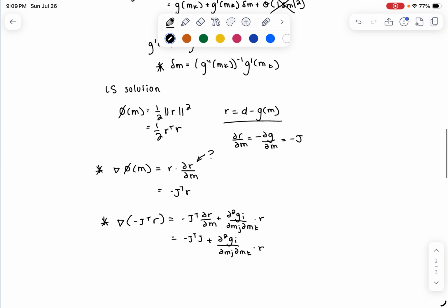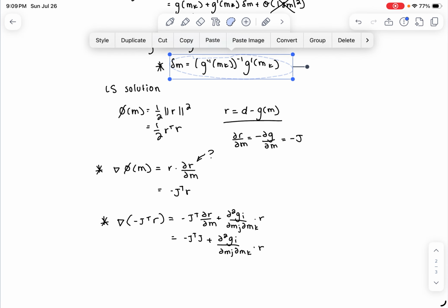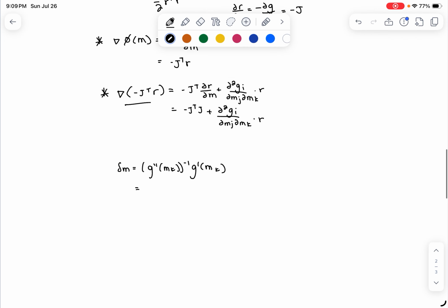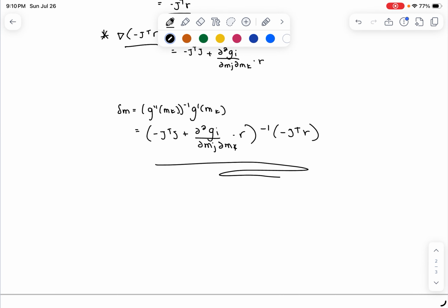Then, looking at our solution for how we should update the model, we just plug in what we just found. We know that the second derivative is this, inverse, and then we know that the first derivative is this. This is pretty much everything you need to know intuitively about how to get to Newton's method.